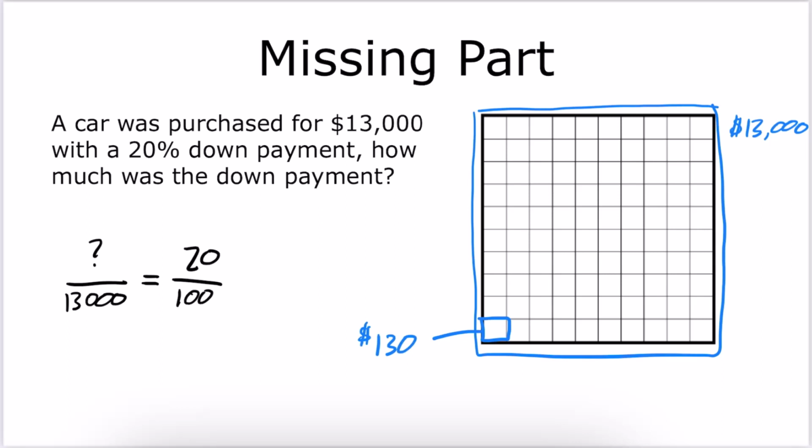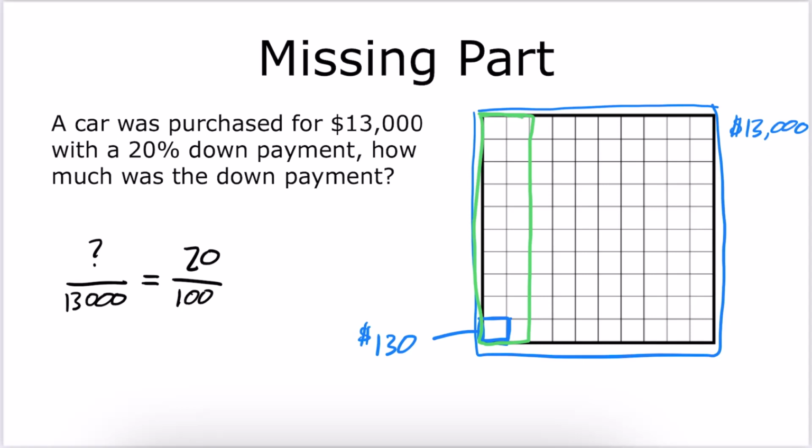This is why it was important to make sure your students understand how to divide by 100, because it makes the process of figuring out the value of these little squares much, much easier. Then we know that 20% was the down payment. So 20% is going to be this portion of the 100 grid, because that's 20 of the little squares.